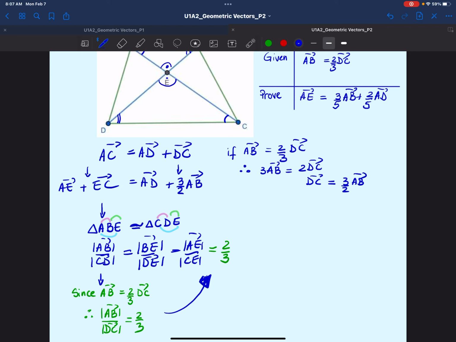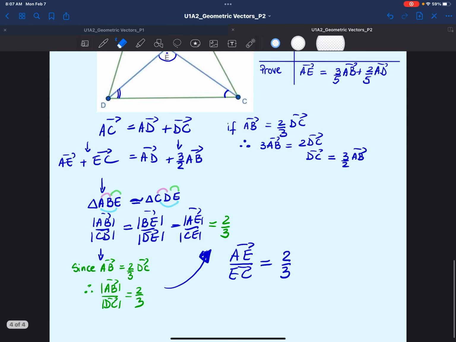This is one ugly arrow. So we're going to say that vector AE over vector EC, I'm going to align them based on the direction, so AE and EC. So the ratio stays positive, must be 2/3. So that will make vector EC, or I'm going to follow the long way here just for the purpose of explaining.